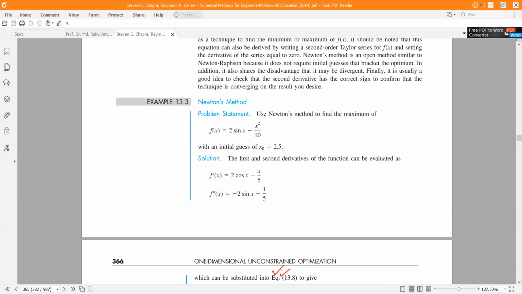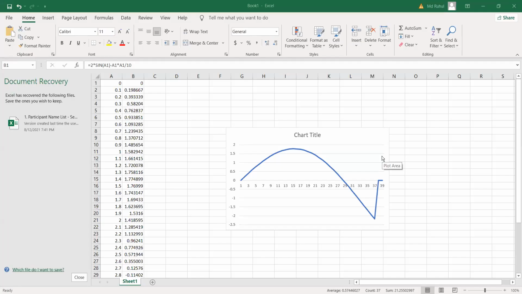So, for example, if we plot this function, your function will be looking like this, isn't it? Within this range, if you want to find the maximum values, you can easily say that your maximum value will be arising at a point.